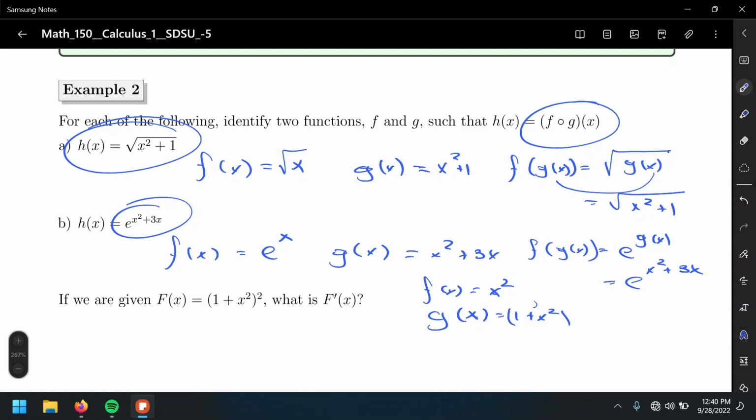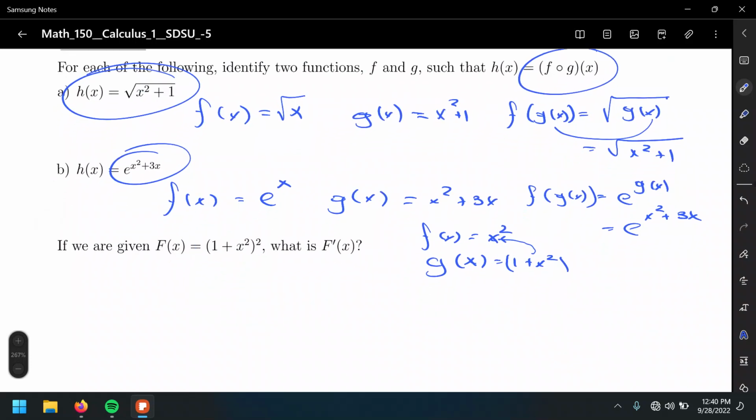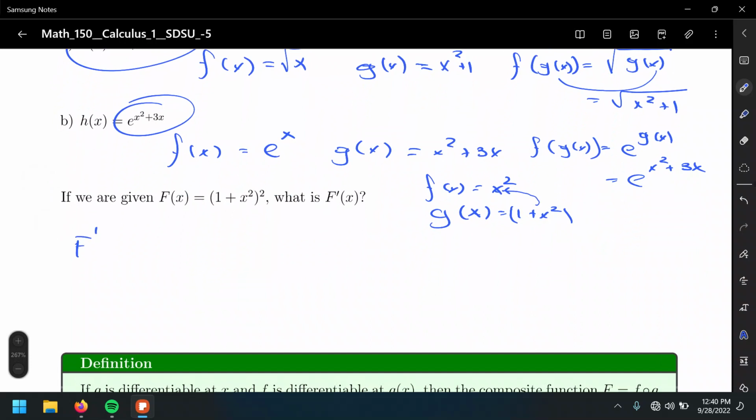So this 1 plus x squared gets plugged in here to obtain the quantity 1 plus x squared, squared. Now, to find the derivative of this function, how about we write f of x equals 1 plus x squared times 1 plus x squared. That is the product of the quantity inside the parentheses times itself. That's what the power 2 really means.